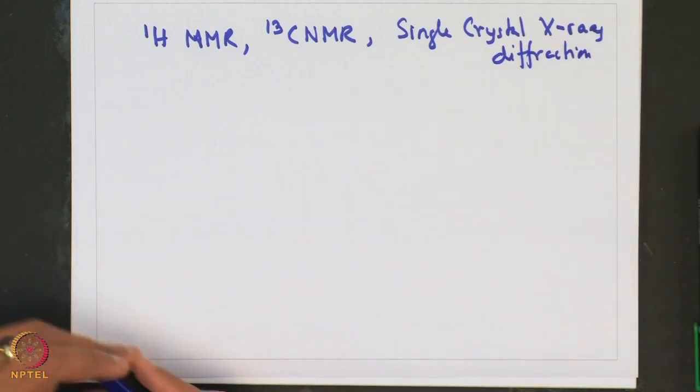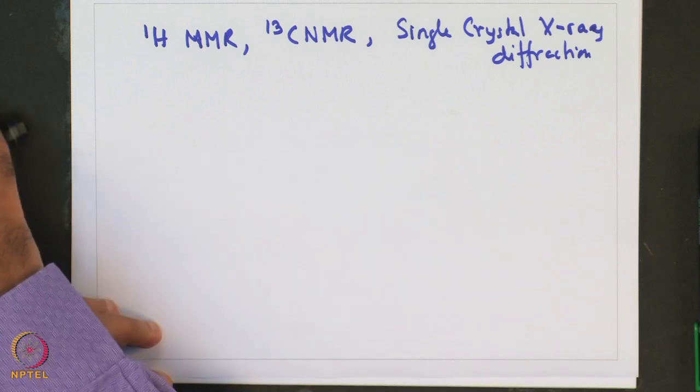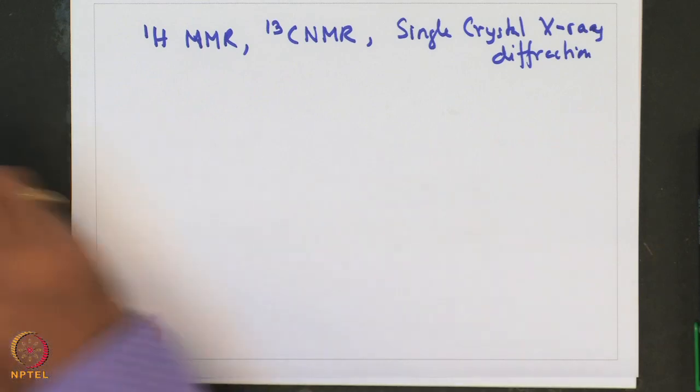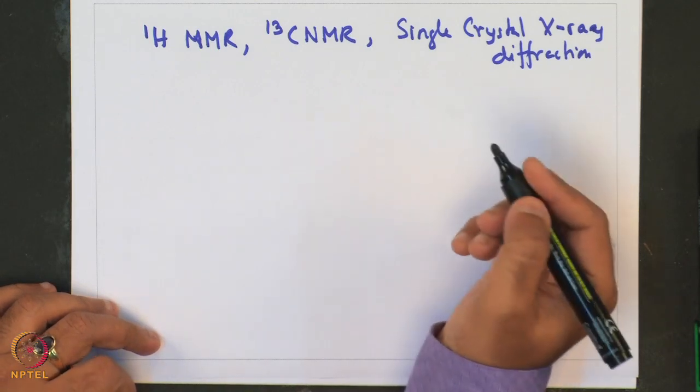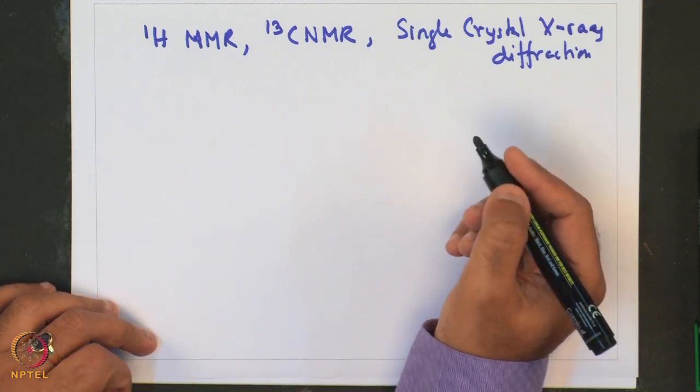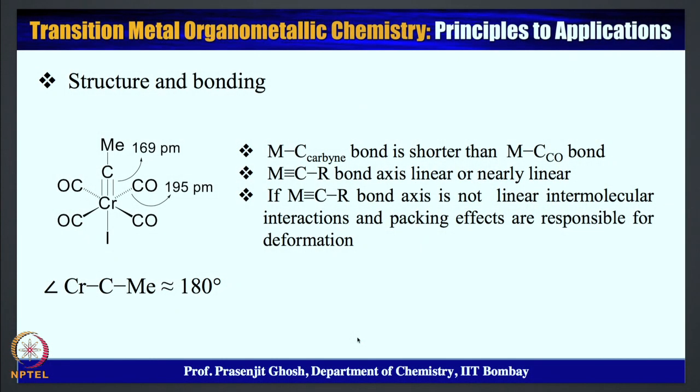As with most of the characterization methods, X-ray being extremely powerful, this has also been used successfully in structurally characterizing many such carbyne complexes to gain insight into the nature of bonding that exists in the metal carbyne complexes.